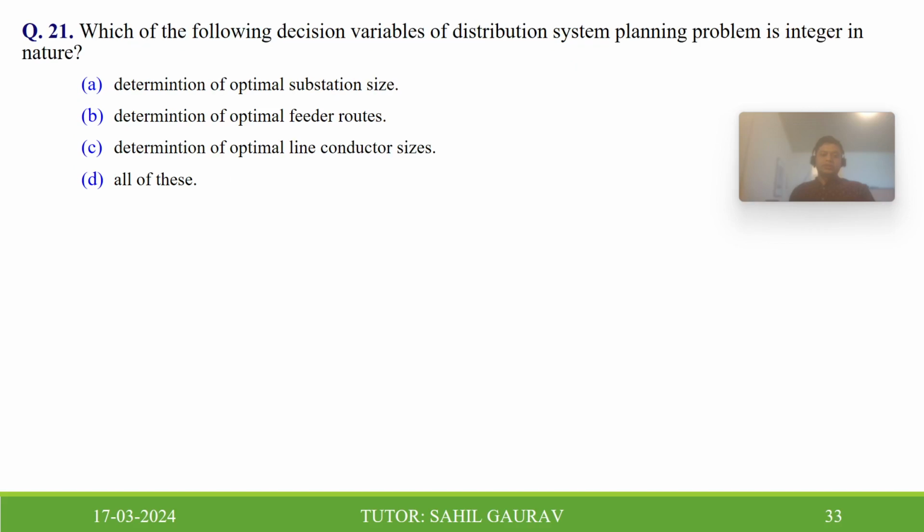The next problem is: which of the following decision variables of the distribution system planning problem is integer in nature? The options are: determination of optimal substation size, determination of optimal feeder routes, determination of optimal line conductors, and all of these.